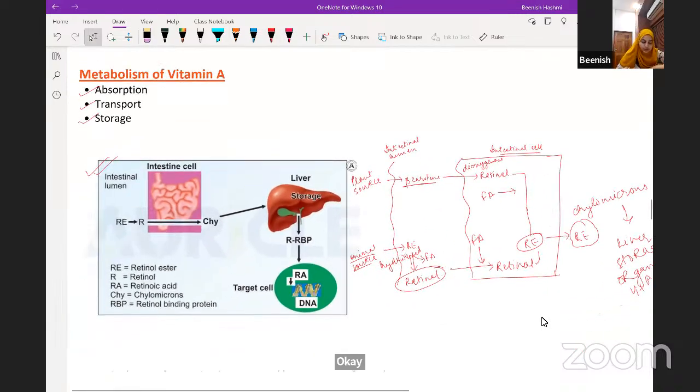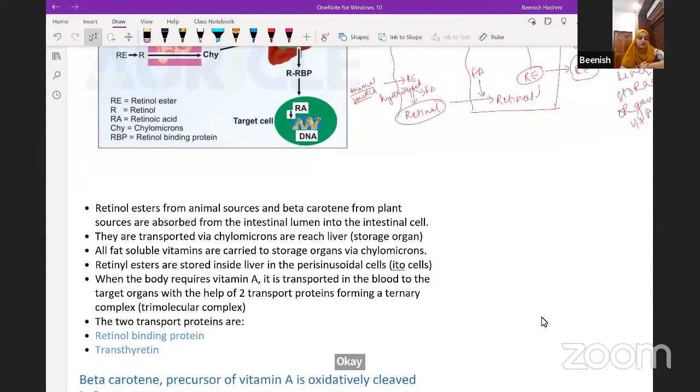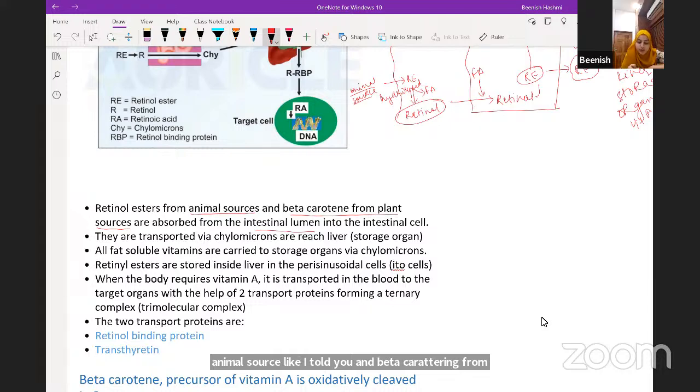Now let's read what it says. So retinol esters from animal source, like I told you, and beta carotene from plant sources, they're absorbed from the intestinal lumen into the intestinal cell. All right. Then they are transported via chylomicrons and reach the liver. Okay.